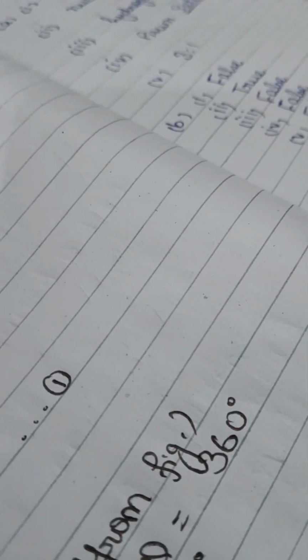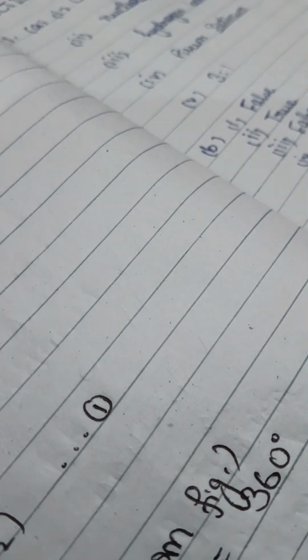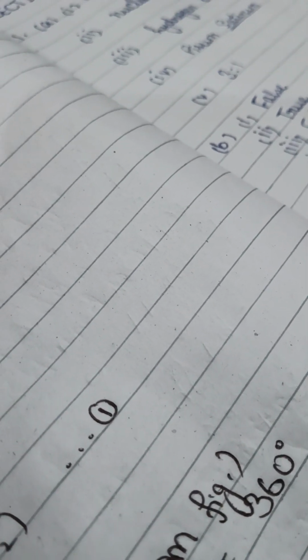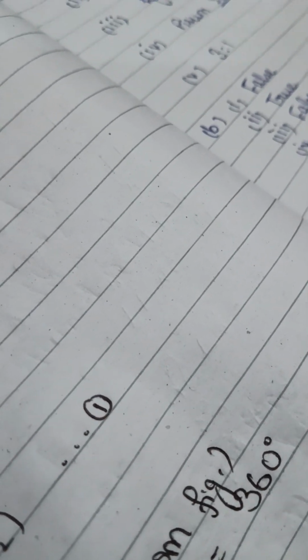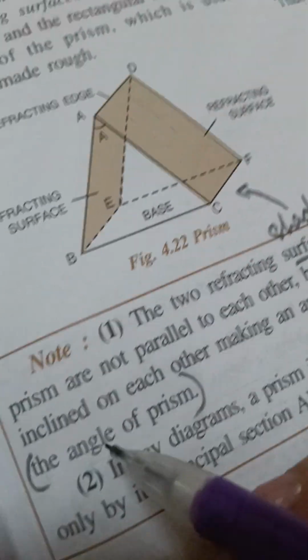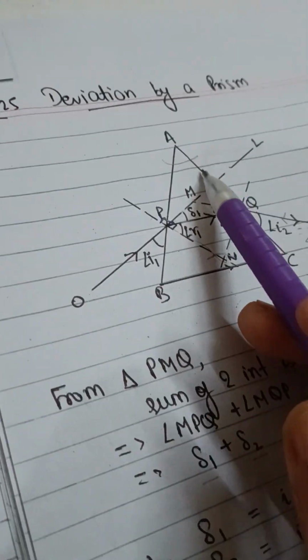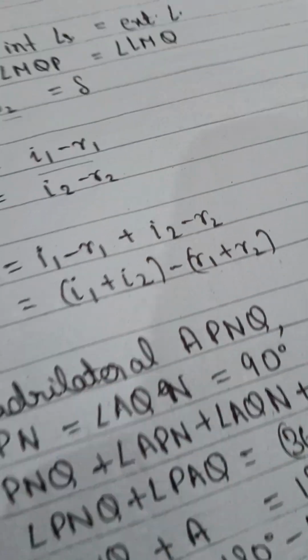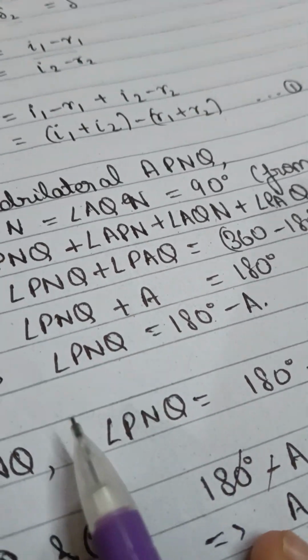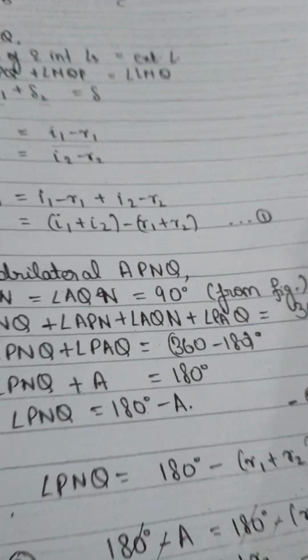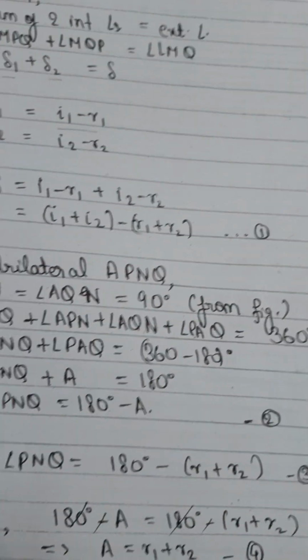Yes, it is the angle of prism A, as it's given in the book, right? So we are substituting it by that same value A. So angle P and Q, this angle, once again don't lose track, is equal to 180 degree minus A. Another equation we got.